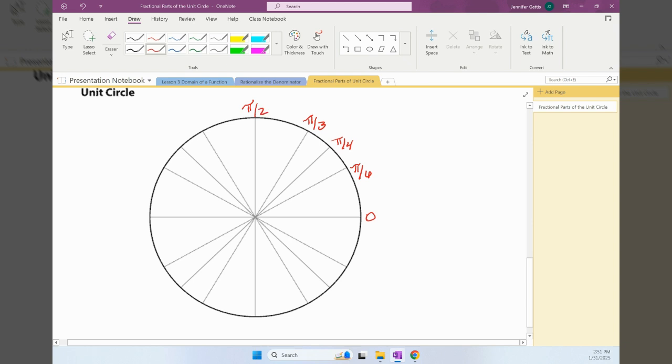Now we have 2/3 of a pi. 2 pi over 3. Let me rewrite that. Okay. Now we have 3/4 of a pi. And now we have 5/6 of a pi. And now we have 1 whole pi.